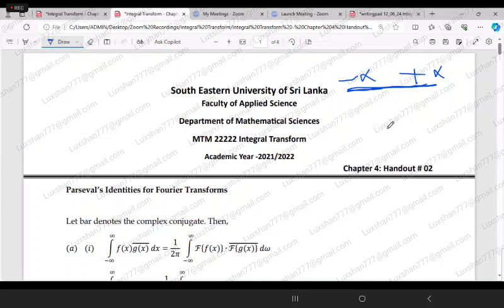Sometimes we may have to integrate between, say, minus L to plus L. This is a finite one, so we have to do the same thing for a finite interval. Hopefully in the next class I will start this. Maybe another 3 or 4 hours to cover this section, if you cooperate.